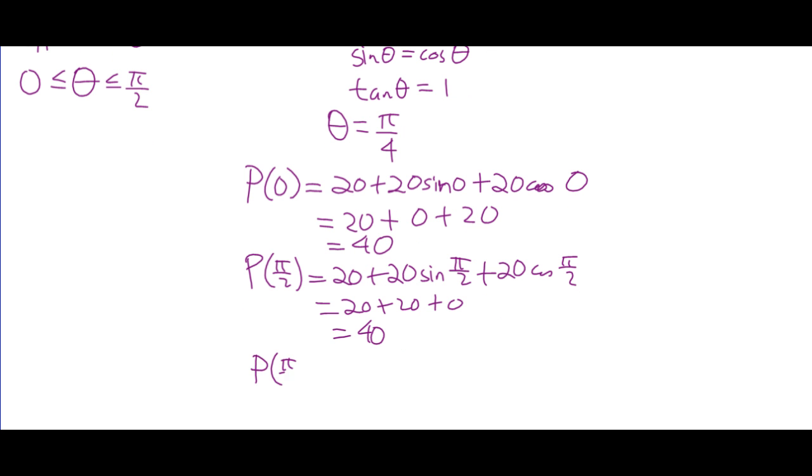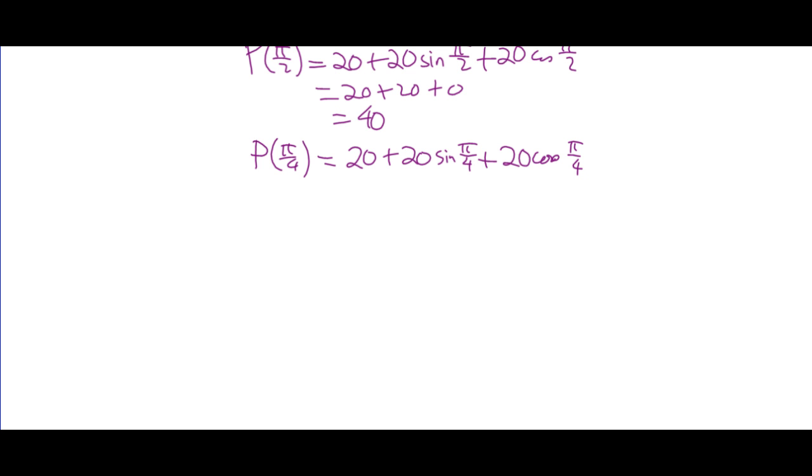And p of pi over 4. Because it said determine the maximum, we actually have to find the perimeter. So this is 20 plus 20 sine pi over 4 plus 20 cos pi over 4. What's the sine or cos of pi over 4? Root 2 over 2.